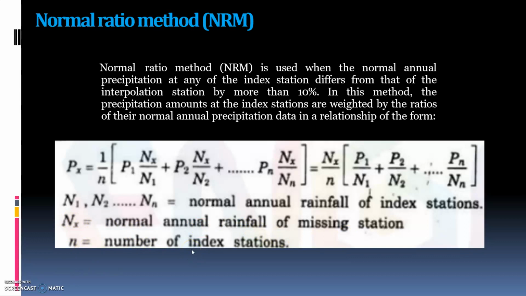The above method is used when the normal annual precipitation of the index stations differs more than 10% from that of the missing station. Here also the data of at least 3 index stations should be available, and all these index stations should be evenly spaced. Okay, this is about the normal ratio method.